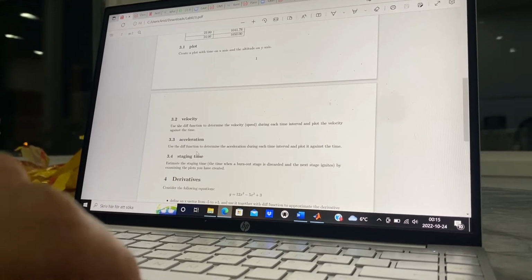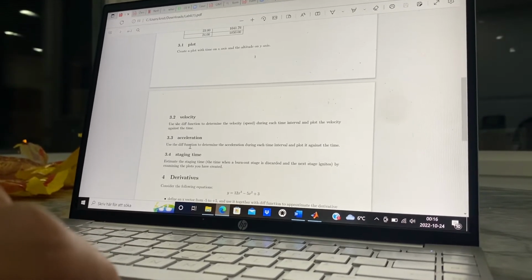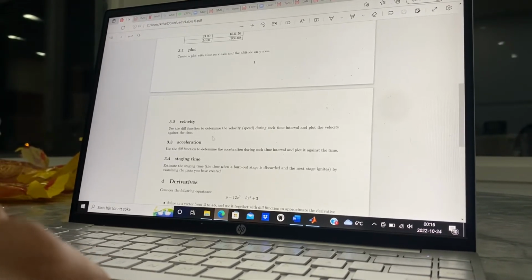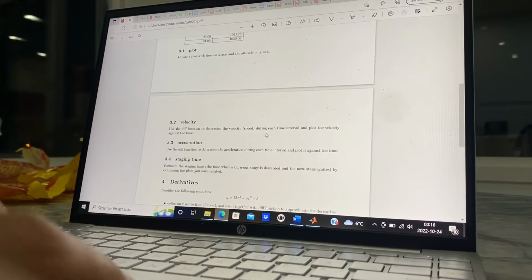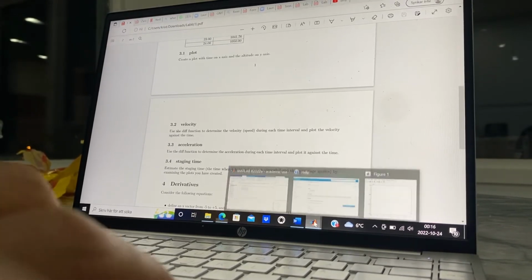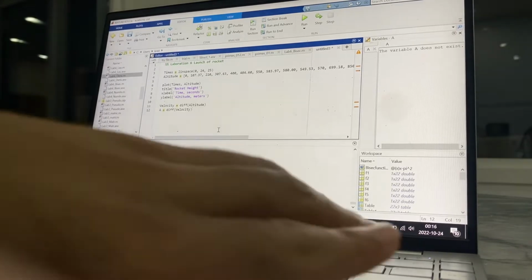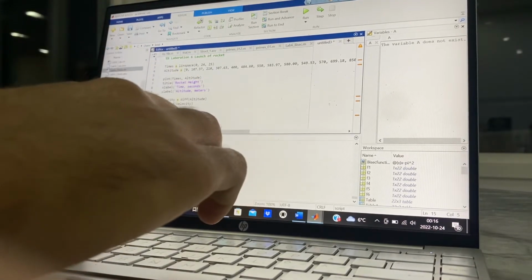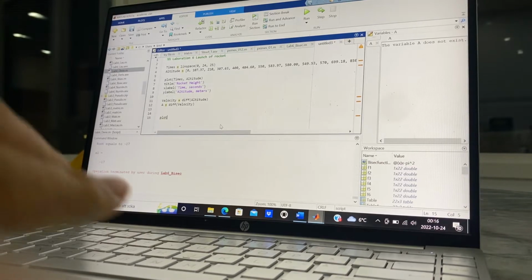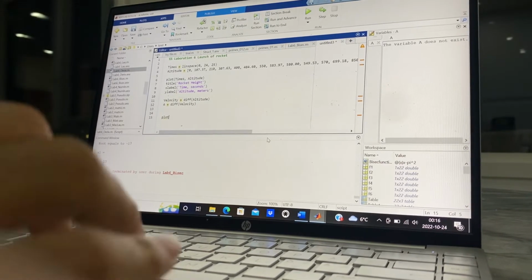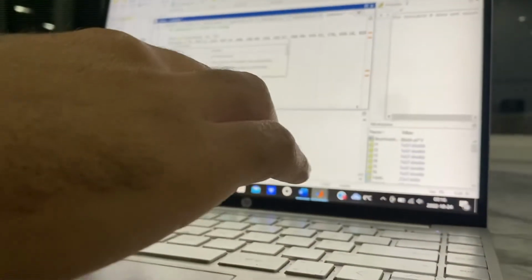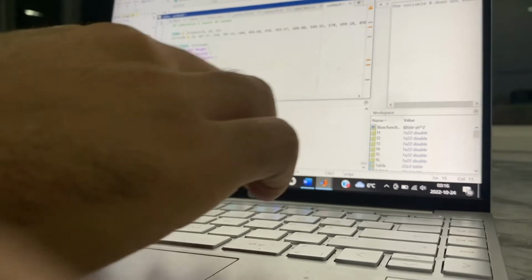So now I plotted times altitude, now I plotted the times and velocity.